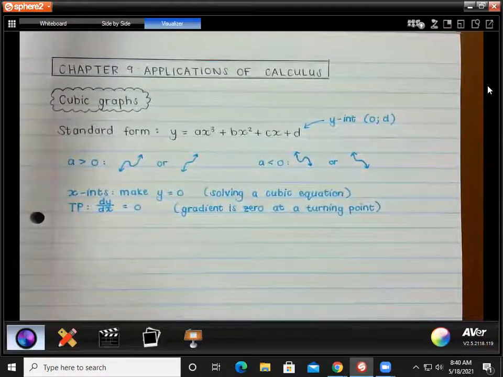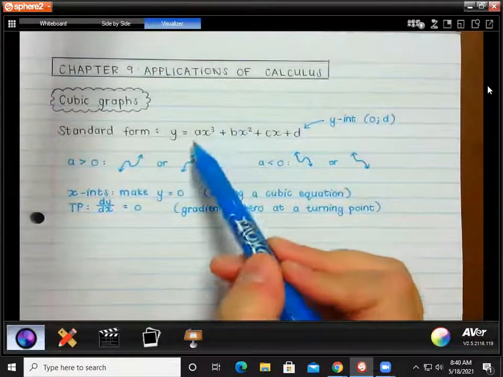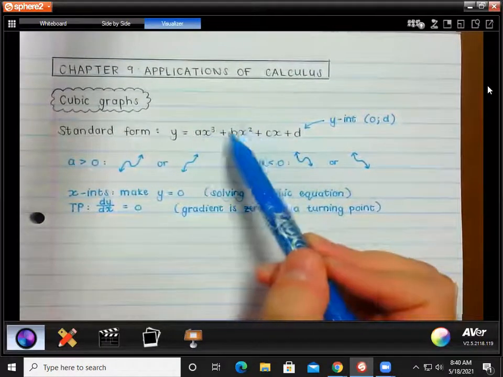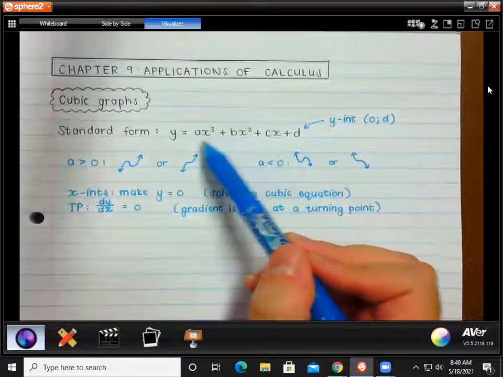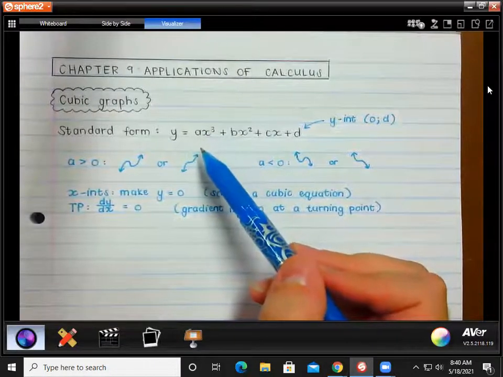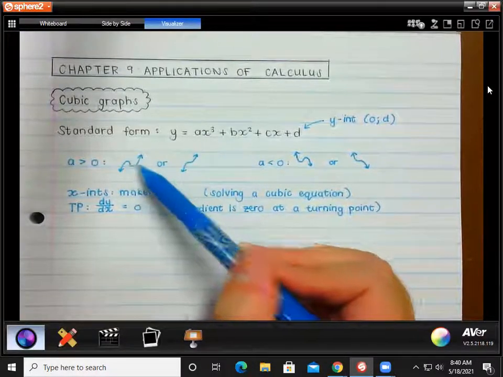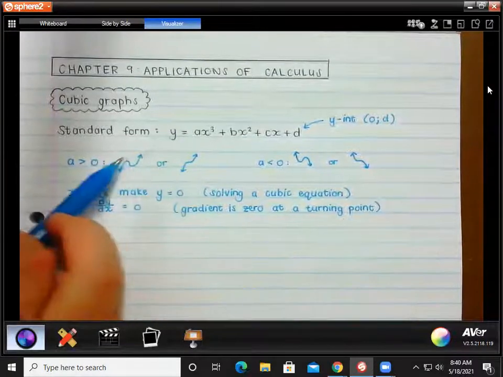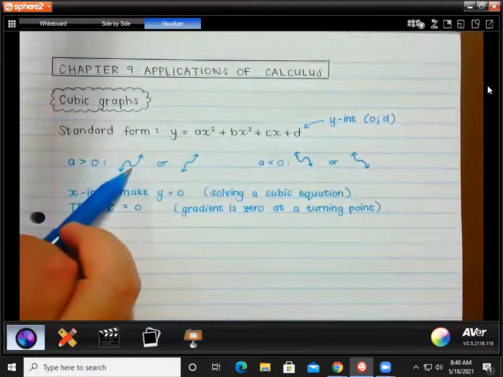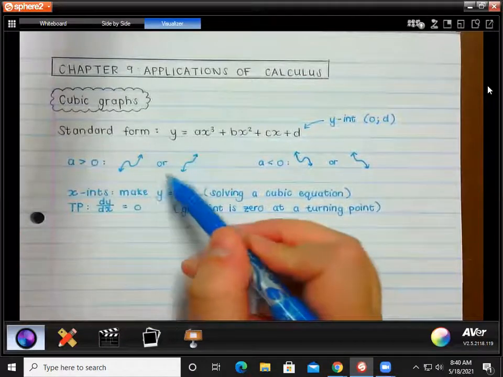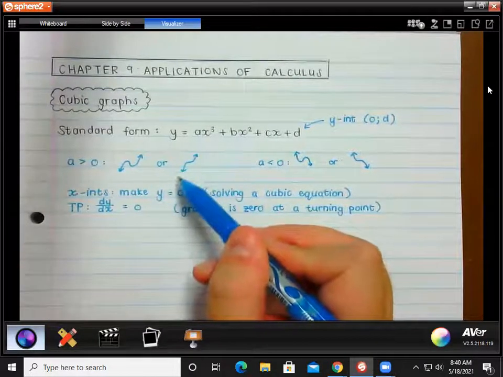Now if we think of the type of function that we have, the derivative of a cubic function will be a quadratic function. So we will possibly get 2 different turning points. If we're looking at this type of graph, that will be one turning point there, and that will be the other. Sometimes you only get 1 turning point.